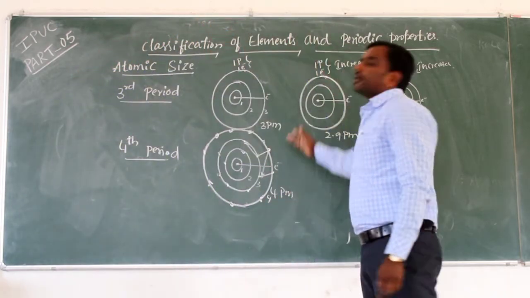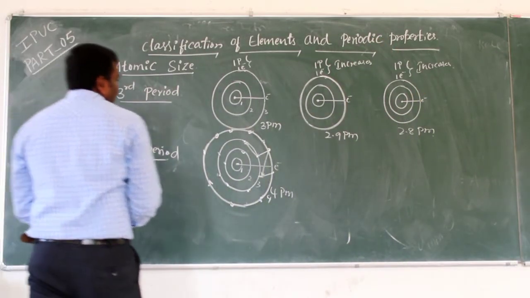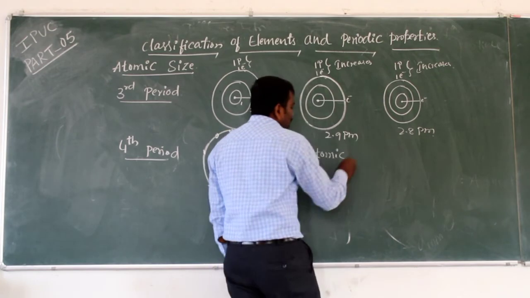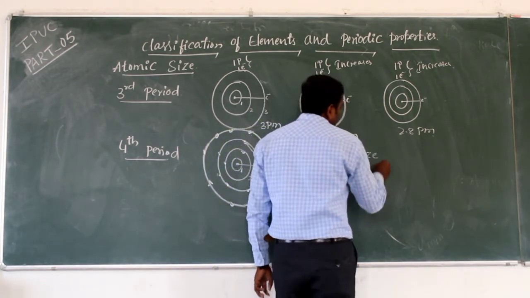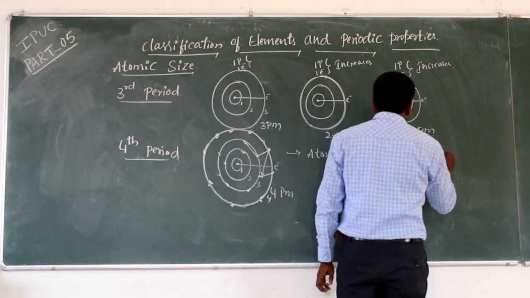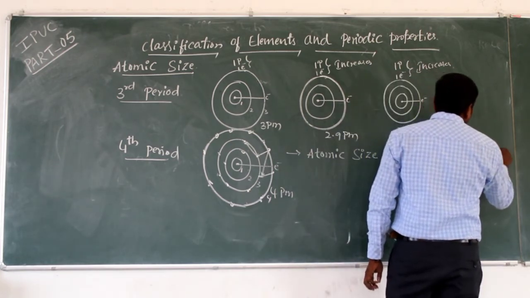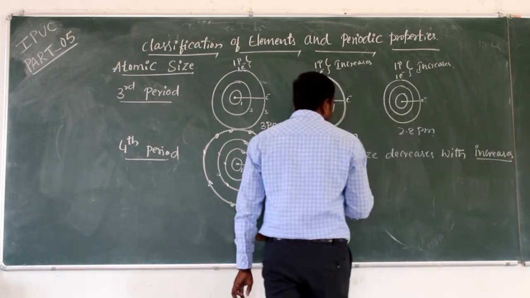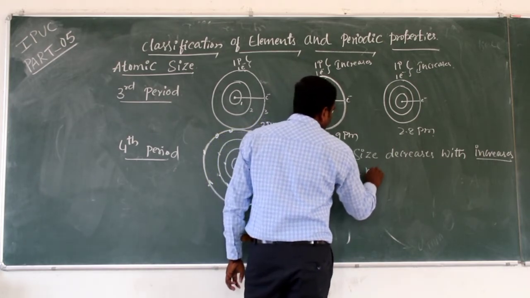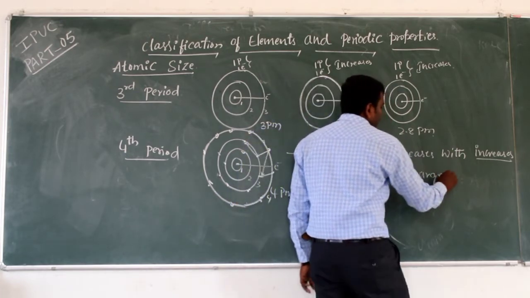So what happens to the atomic size along the period and down the group? Along the period, the atomic size decreases with increasing effective nuclear charge.